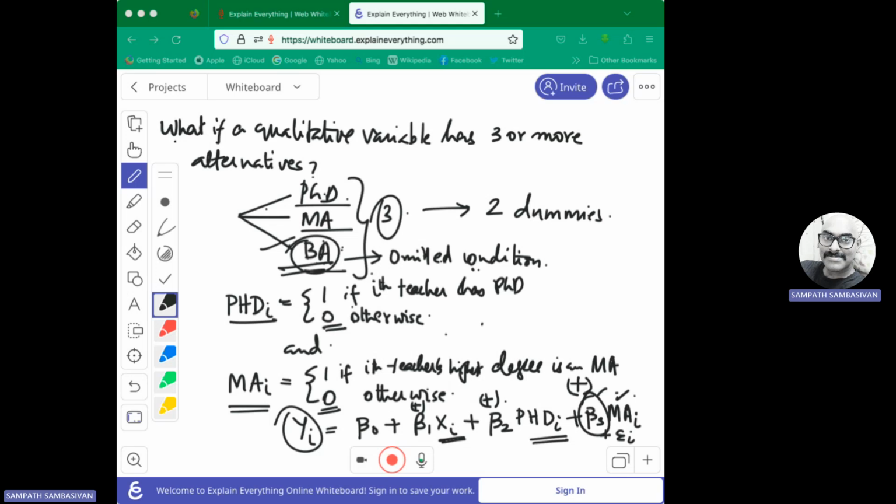It would measure the impact on the salary of a particular individual who is having an MA degree as against a person who is having only BA as his highest qualification. Okay. So that is the way in which we try to interpret and make sense of dummy variables here, right?